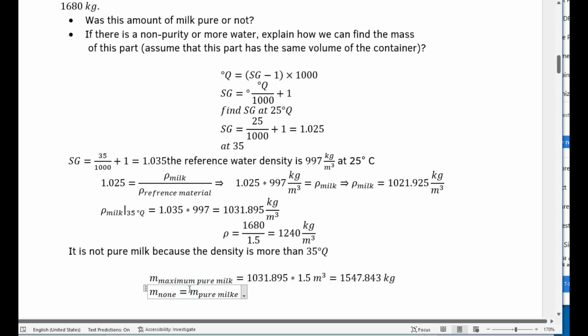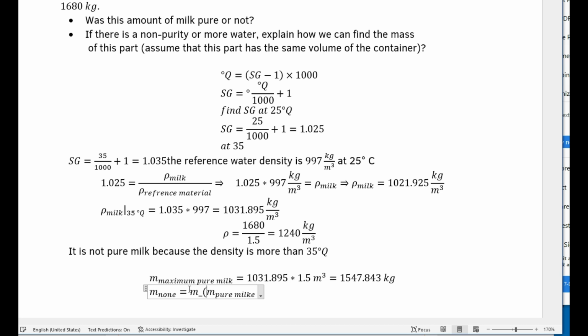That is 1680 minus 1547.842, which gives 132.157 kilograms. This is the mass of the non-pure part.